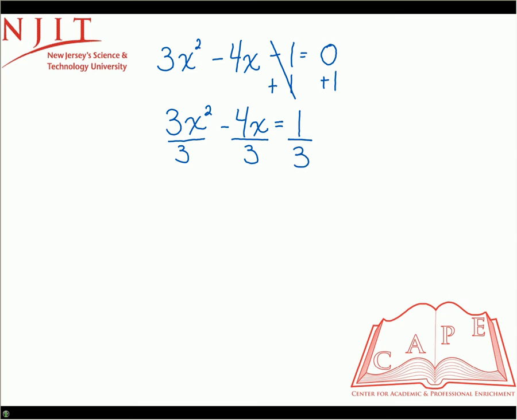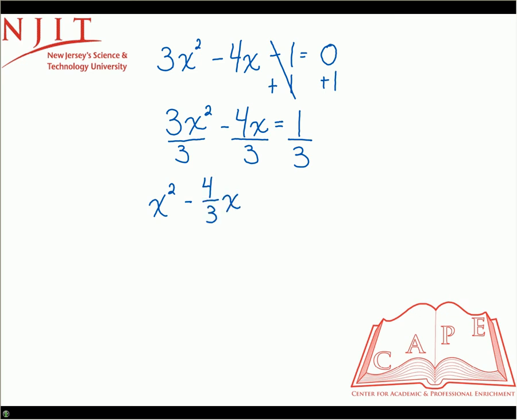Once we do that, another thing we want to do in this step is put some space on both sides of the equal sign, but I'll show you what I mean. So 3x squared divided by 3 is just x squared. Minus 4x over 3 is 4 over 3 times x.